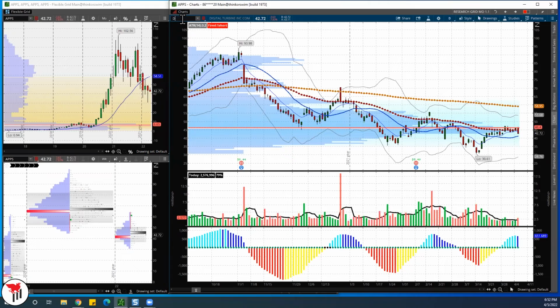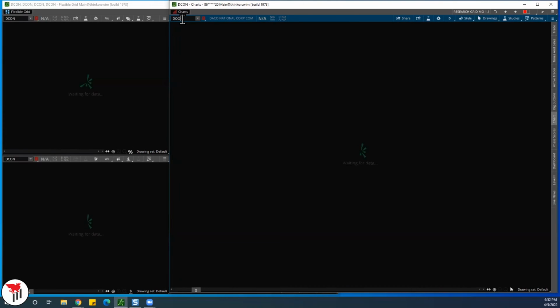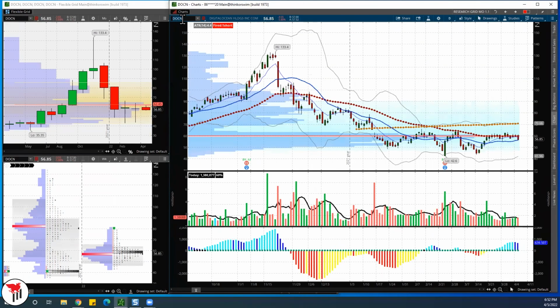And DOCN, what is that? Similar pattern. I like the monthly over the 70. If you find good options on that one, over 69, over 70, you can see a 10% move pretty easy.